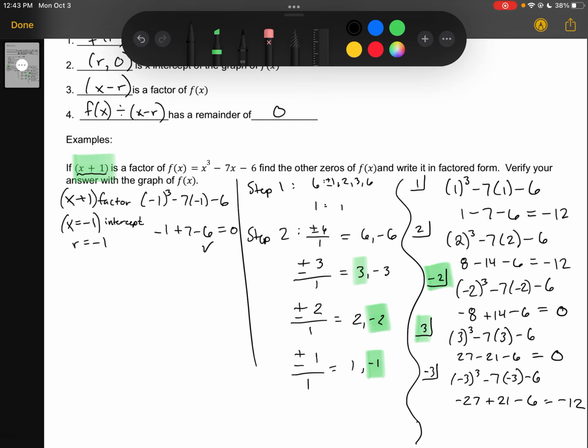So we've done all the 1s, all the 2s, all the 3s. Down to 6. 6 to the third power is 216. I'm just going to check on the calculator real quick.